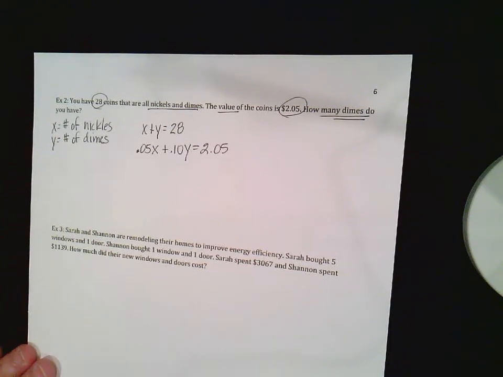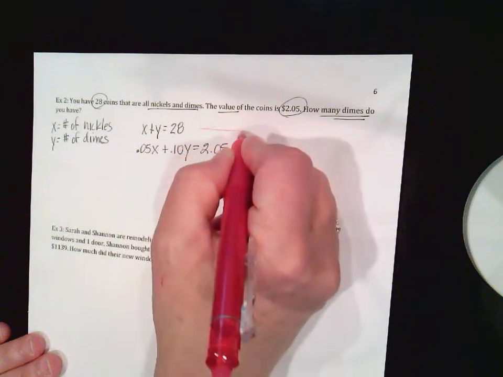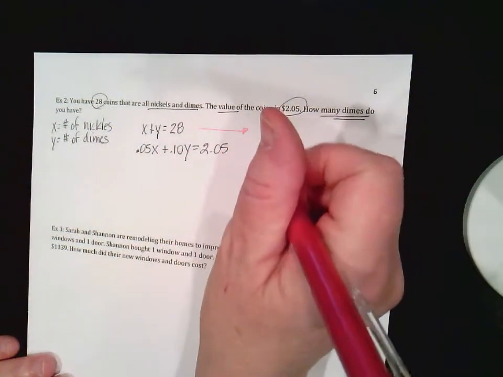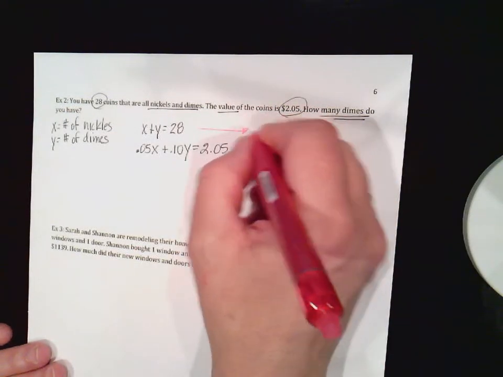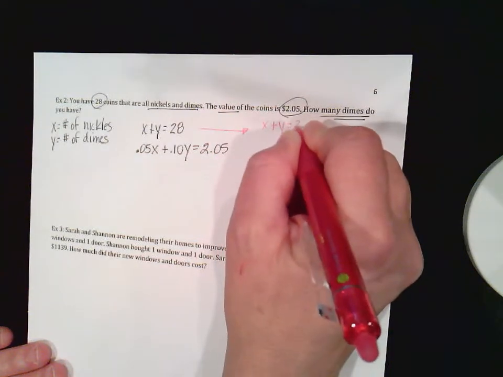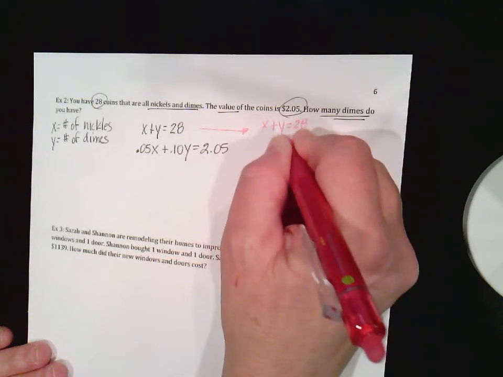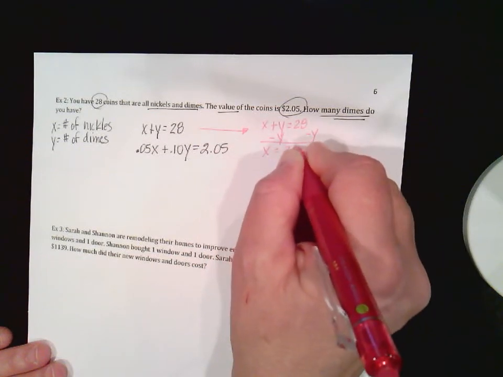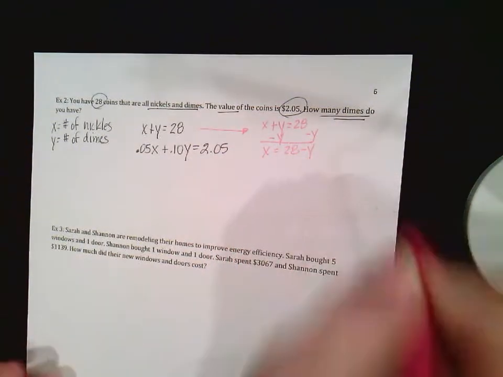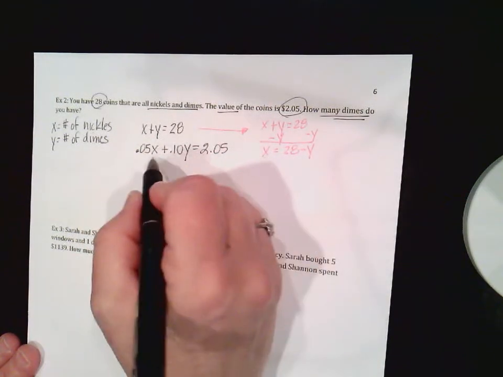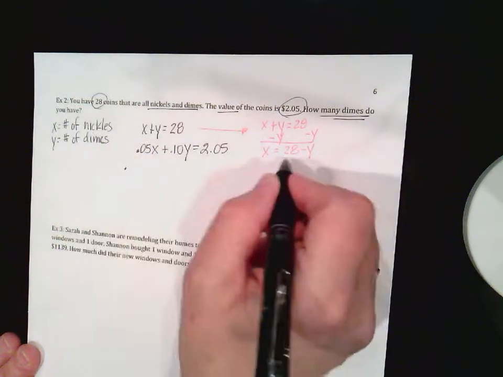And the first thing we want to do is rewrite this equation so that it's in terms of one variable, because that's part of substitution. This is the one that's going to be easiest to do. So if I take X plus Y equals 28, and I subtract Y from both sides, I know that X equals 28 minus Y. And now I'm going to rewrite this second equation, but instead of the X, I'm going to put a big parenthesis so I can drop that expression in.